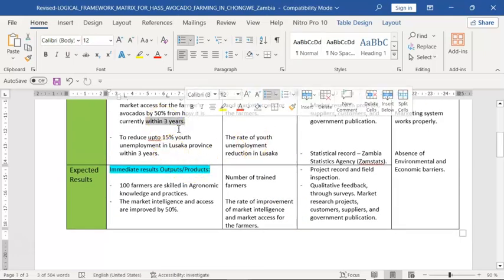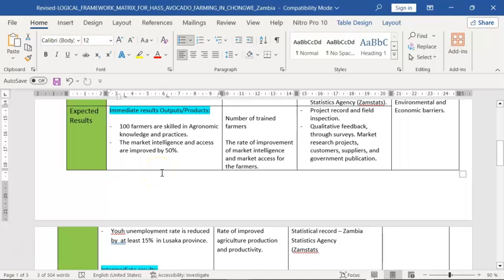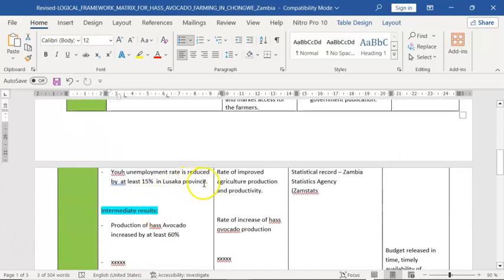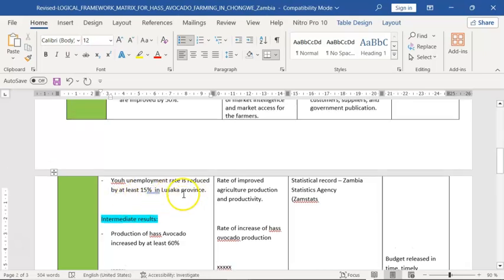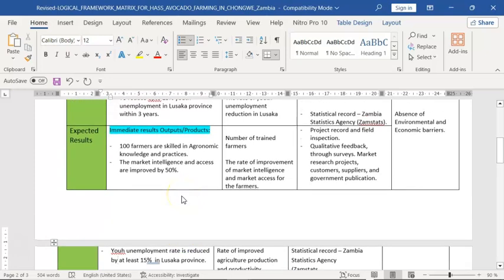Today we are in 2025. Within 3 years would be 2028. If you project 2028 and then you come up again and say within three years, it means you are pushing again up to 2031. So please don't come up with the time factors on the expected results, right?